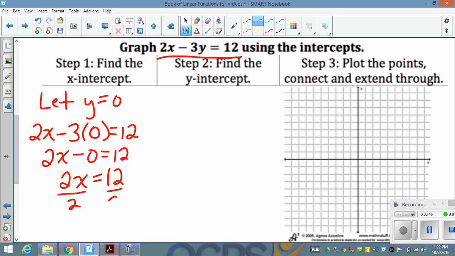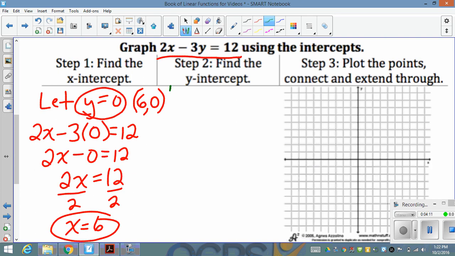Dividing by 2, I get x equals 6. Now I want to make the point here that this is actually a point. My x-coordinate is 6. My y-coordinate is 0. X is 6, y is 0.